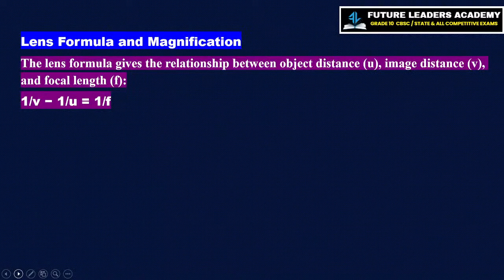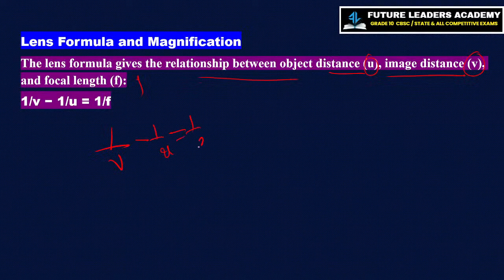So next, lens formula and magnification. The lens formula gives the relationship between object distance, that is u, image distance v, and focal length f, that is 1 by v minus 1 by u is equal to 1 by f. This is for lens, and 1 by v plus 1 by u is equal to 1 by f is for the, for what?